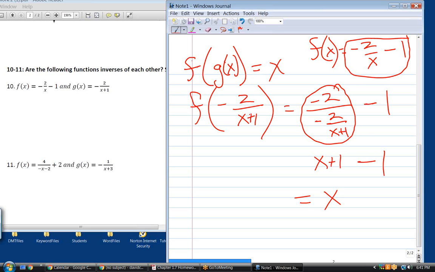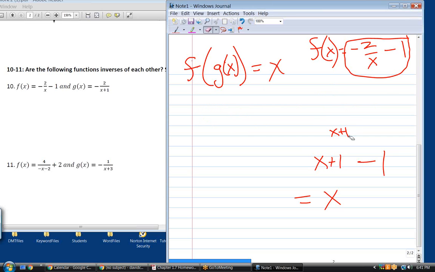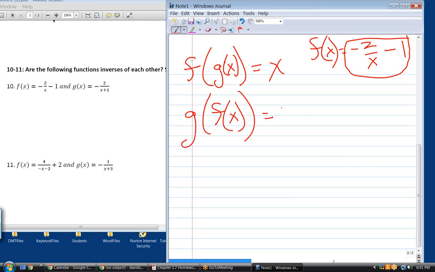Now, usually the proof will require two things. One is this has to be true, but also the reverse has to be true. In other words, g of f of x has to also equal x. Now, I've never come across a function where one was true and the other was not.